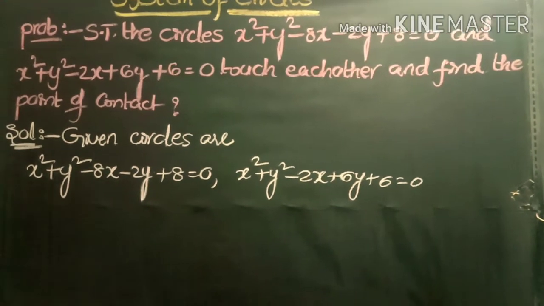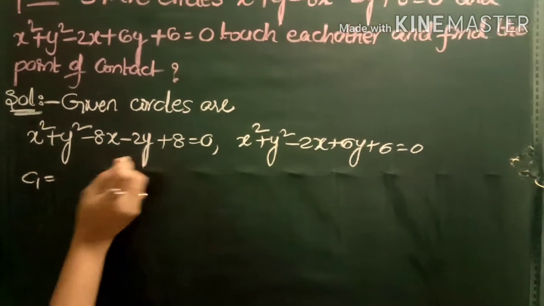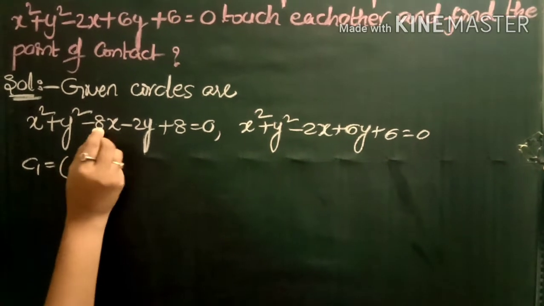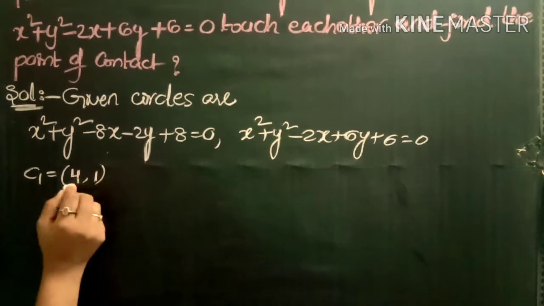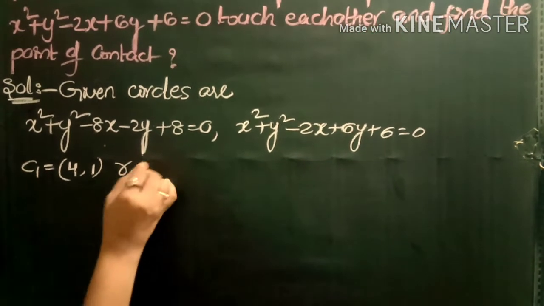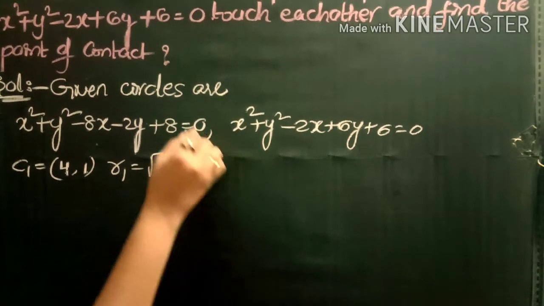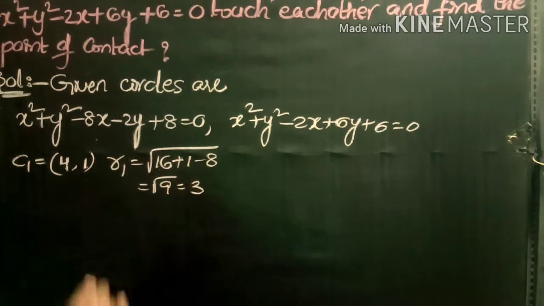Now first we are taking the center and radius of these two circles. C1, the center of the first circle, is half of this value: -4, -1. Changing the signs, 4, 1, that is (-g, -f) = (4, 1), and radius r1 = √(g² + f² - c) = √(16 + 1 - 8) = √9 = 3. This is the r1 value.